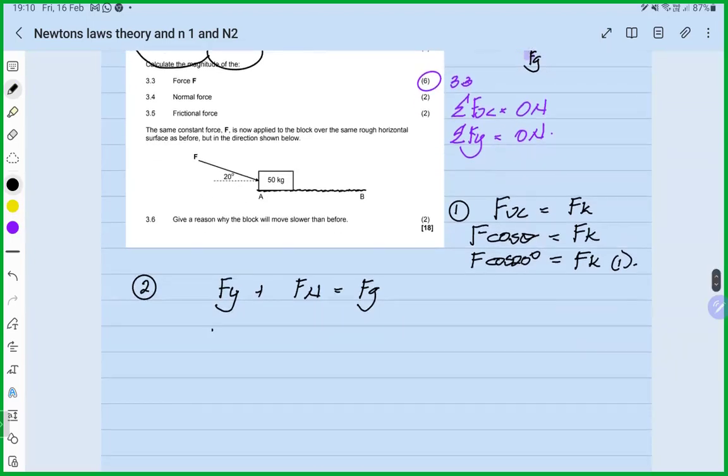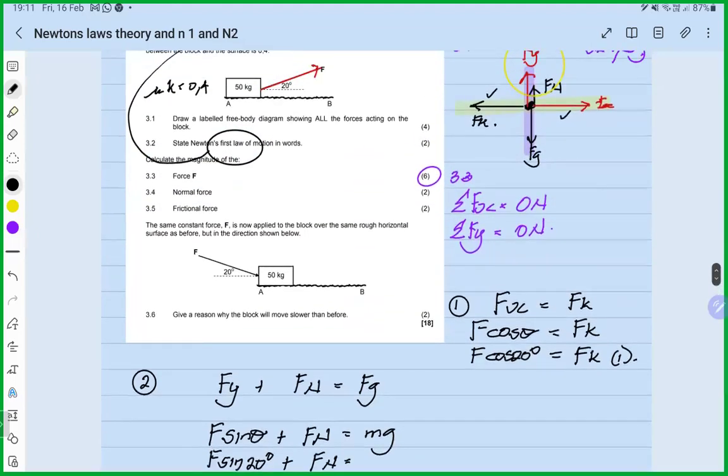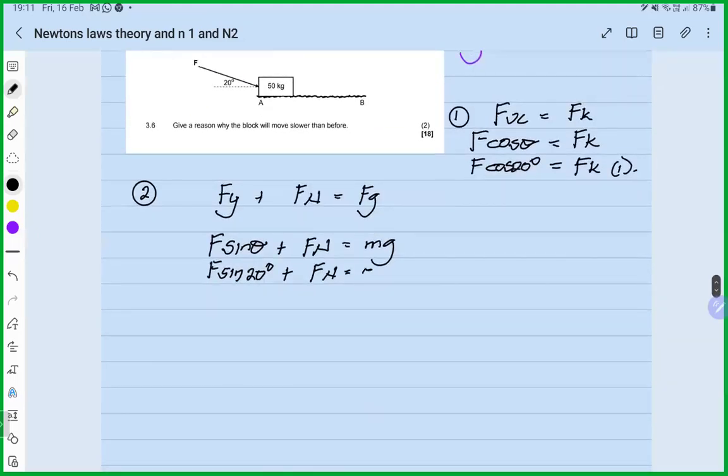Fy is F sine theta. Fn, I don't know what it is. And Fg is mg. So this is going to be F sine 20 plus Fn. Your mass over here is 50 times 9.8.